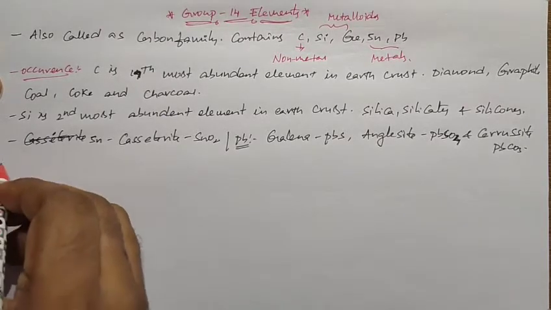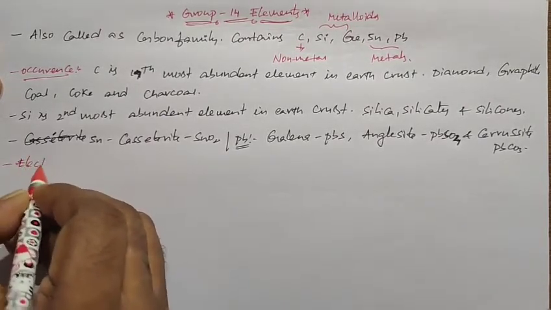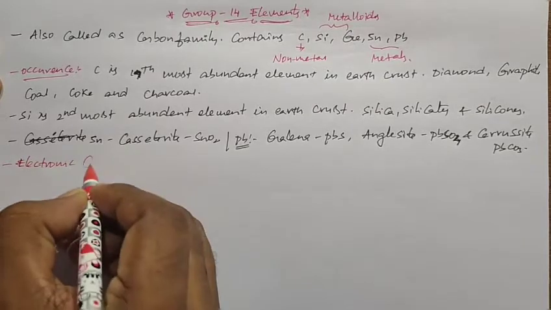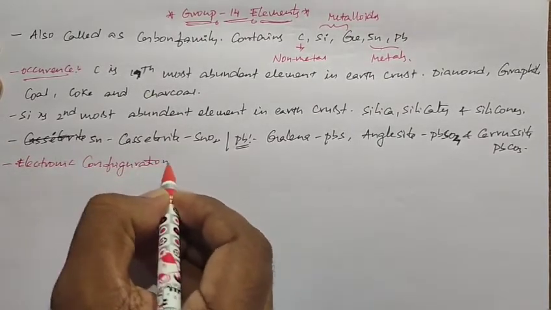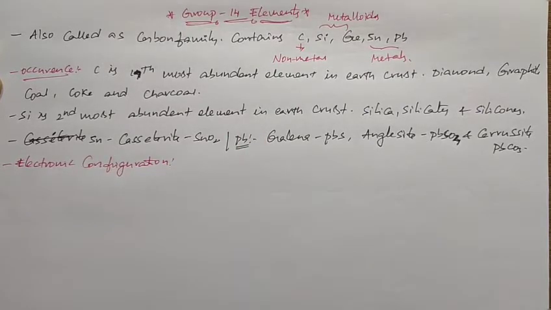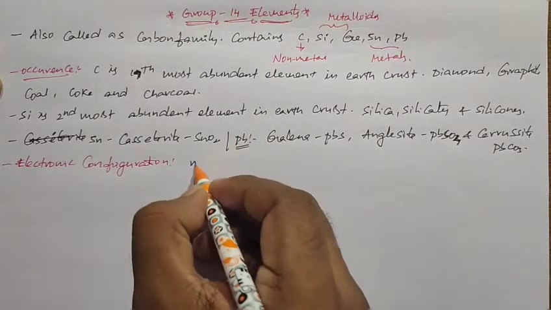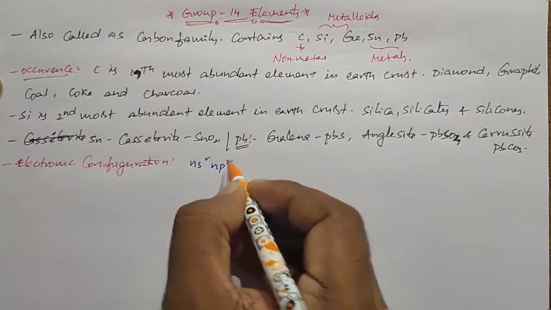Next one is electronic configuration. The general electronic configuration of group 14 elements is ns2 np2.